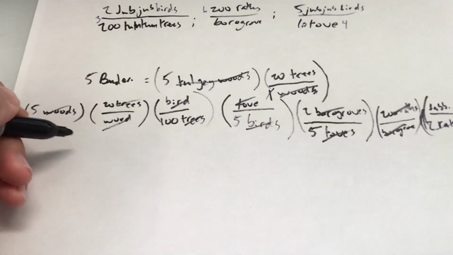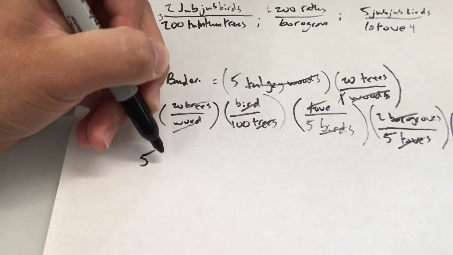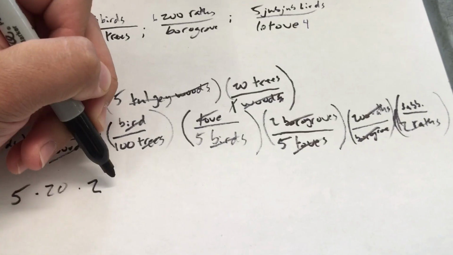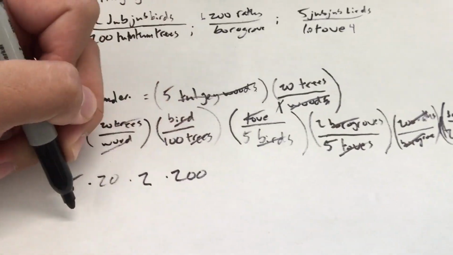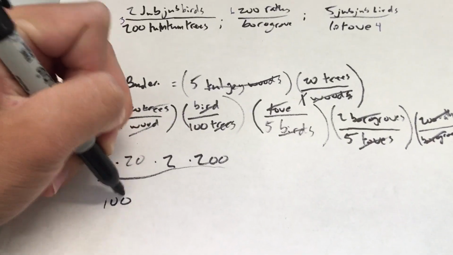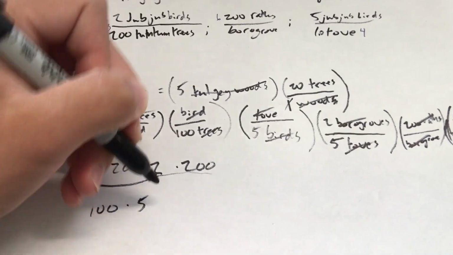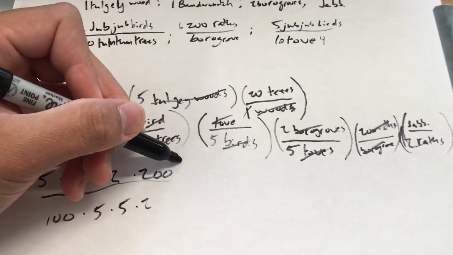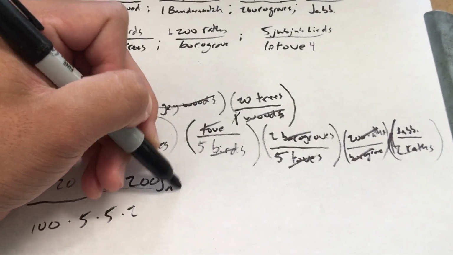So let's rewrite this. So we have 5 times 20 times 2 times 200. Oopsies, that's a bad one. But we have over 100 over 5 over 5 over 2. Jabberwockies.